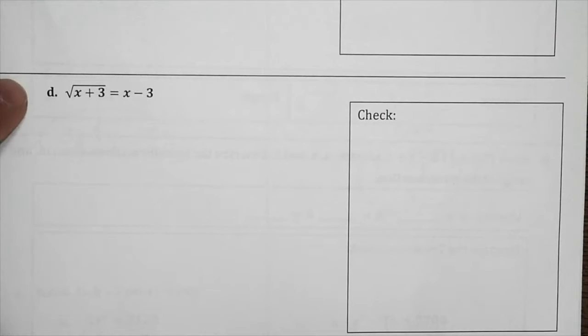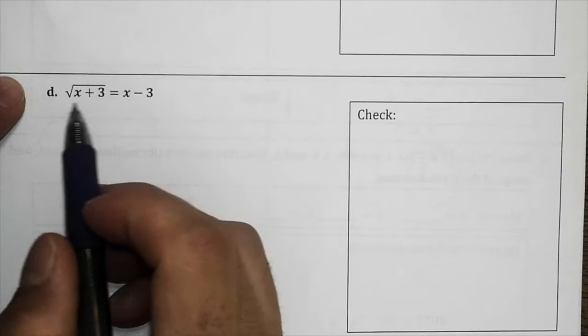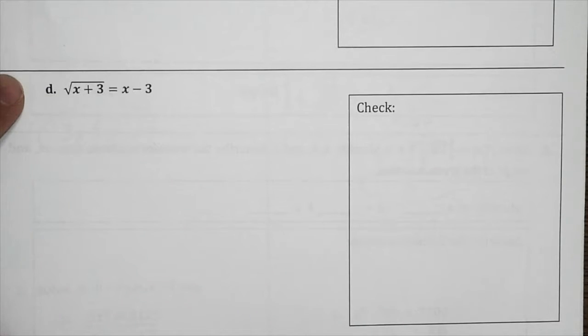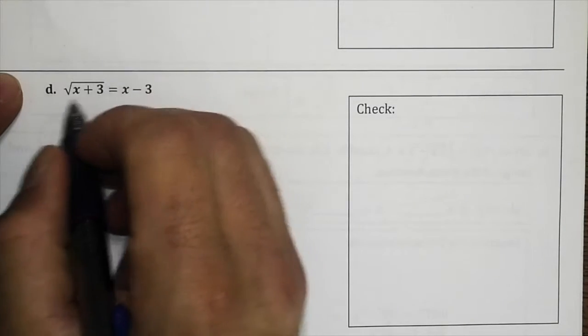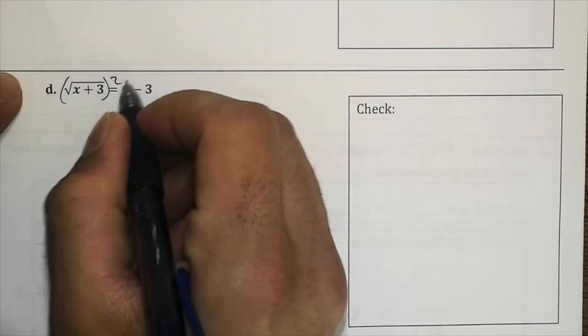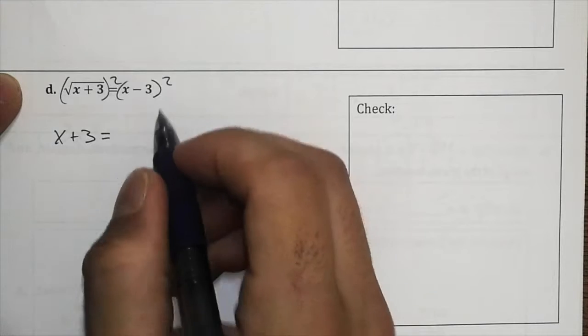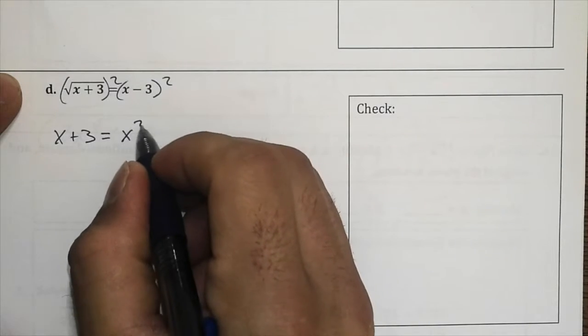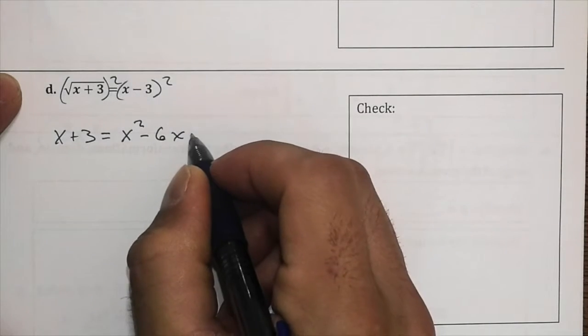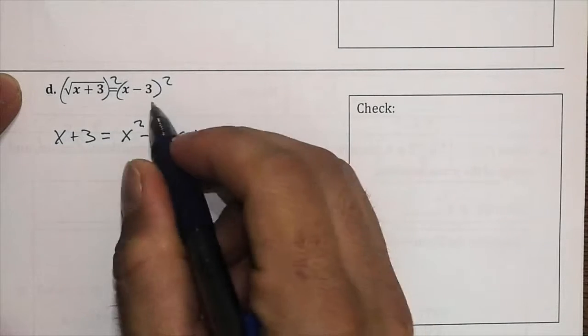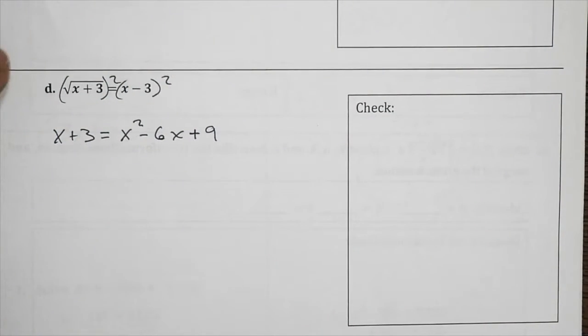All right, letter D. So the radical is already isolated. We don't have to do anything there. We want to get rid of it, so we're going to square both sides. So this is good: x squared minus 6x plus 9. Now that we have a quadratic, we want to bring everything to that side.